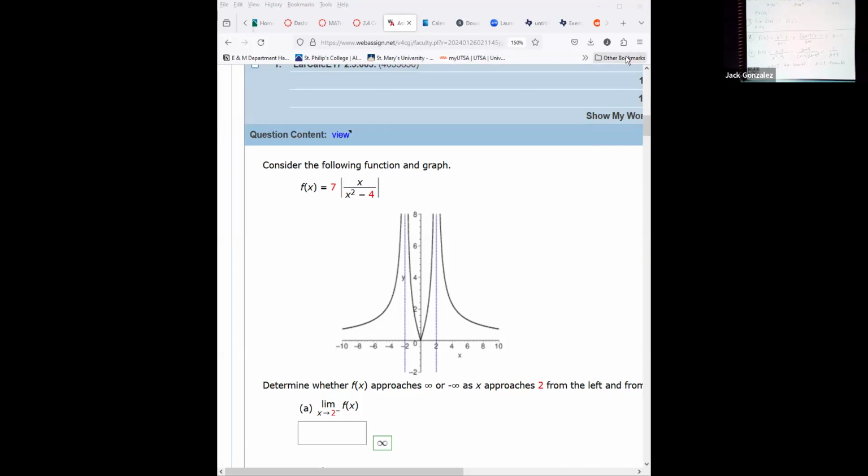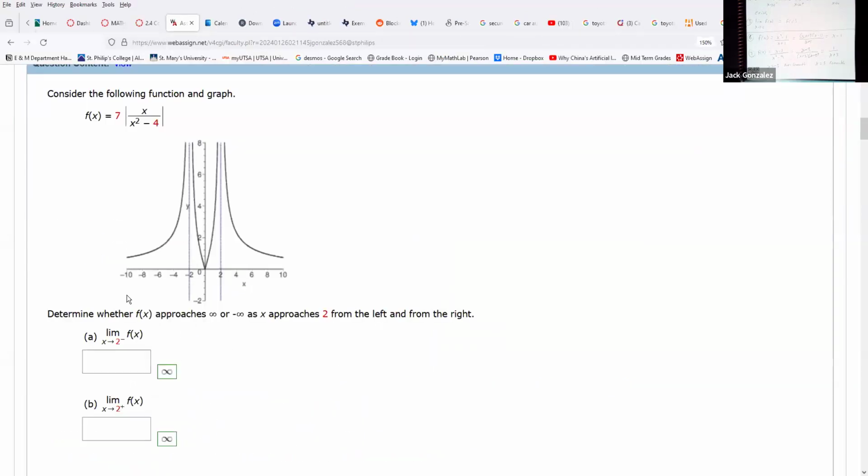Okay. So look at this carefully. As we approach 2 from the left, the negative side, so here's 2. As we approach it from the left side, you can see it's shooting off, right? And as we approach from the right, same type of deal, no?